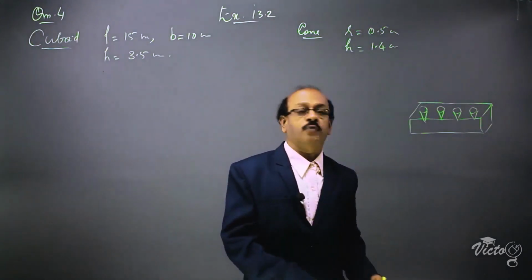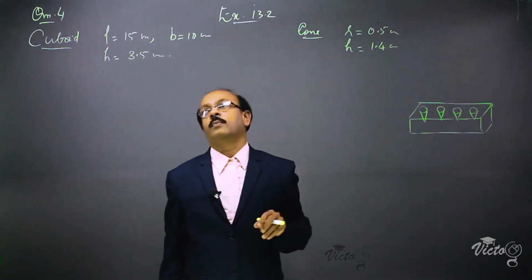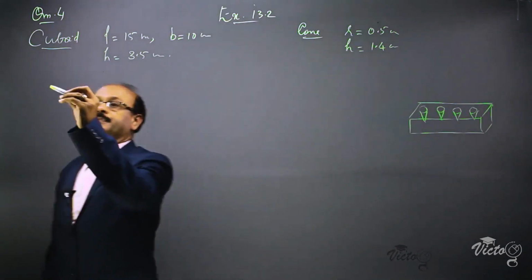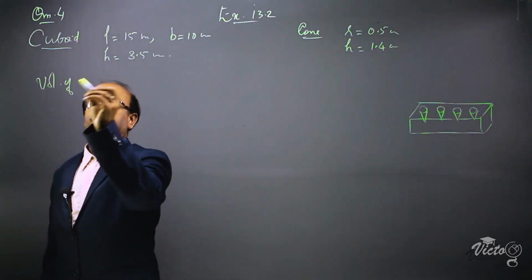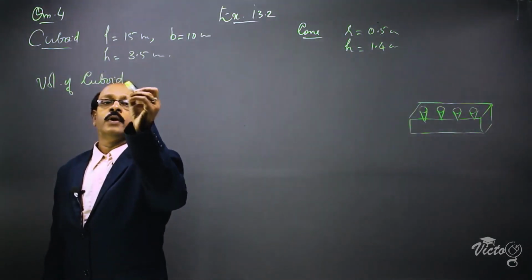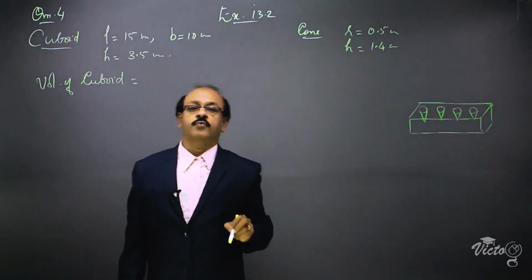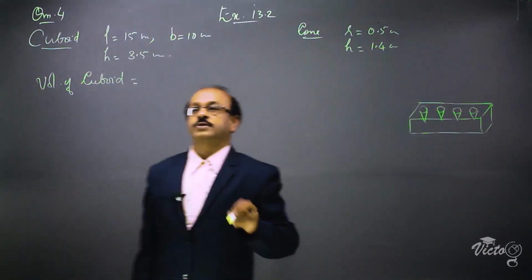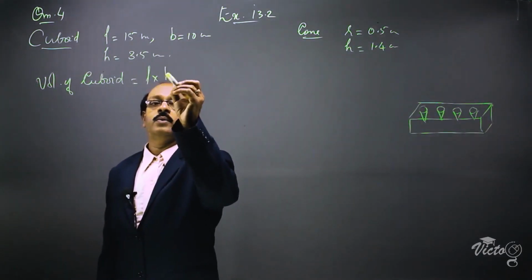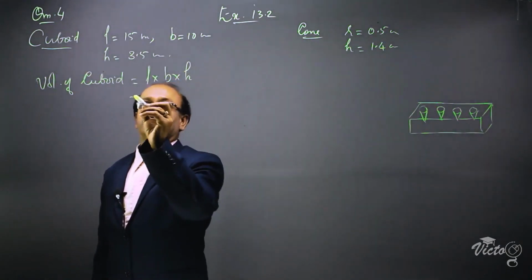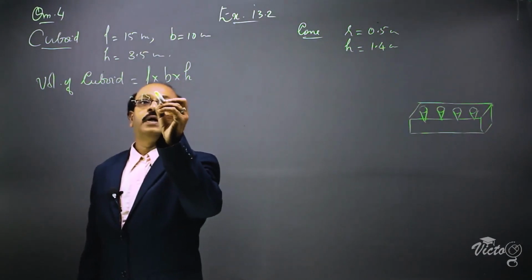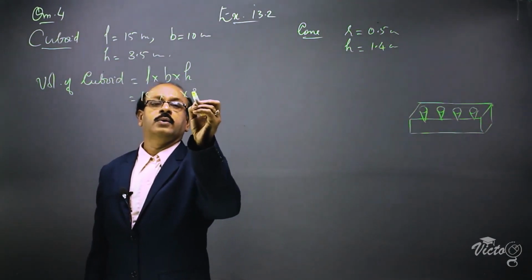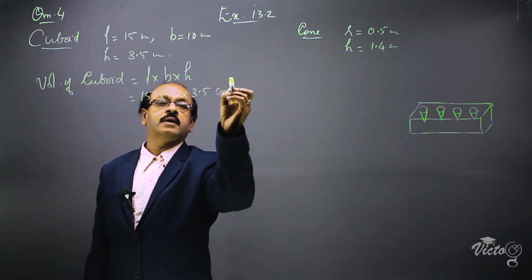First of all, we are finding the volume of the cuboid. The formula for finding the volume of a cuboid is L into B into H. This is equal to 15 into 10 into 3.5 centimeter cube.